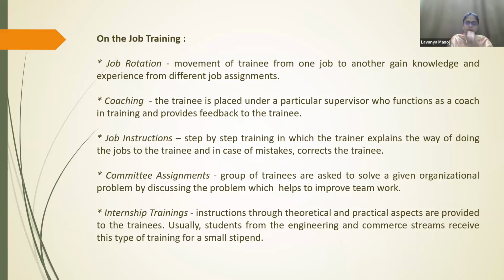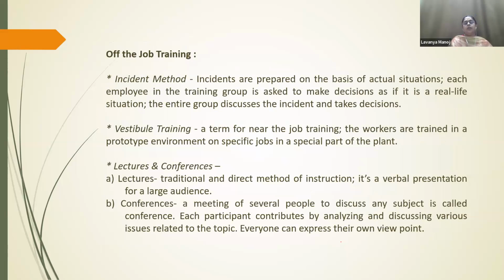Proper training is given to them, and they will come to know how things work in that particular environment. Within the group of students, the best performing individuals can be directly taken into the organization's stream. So internship trainings also help in the training program.